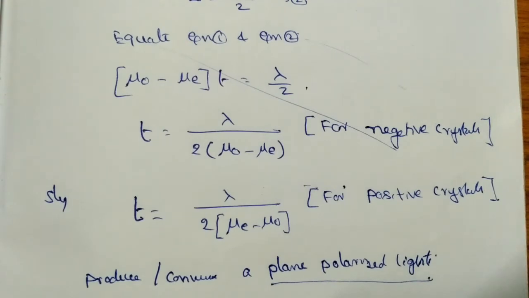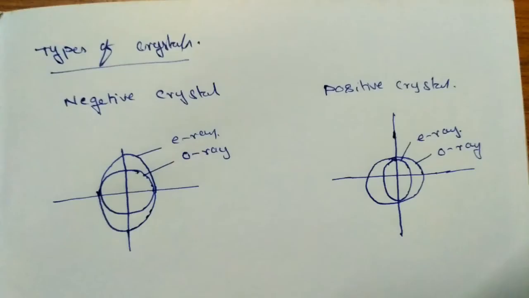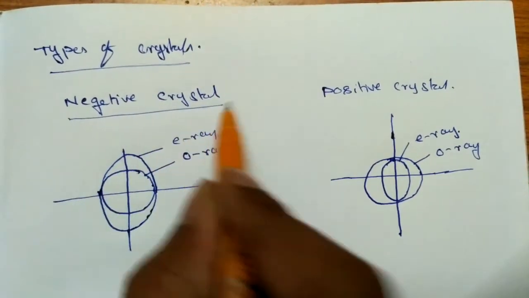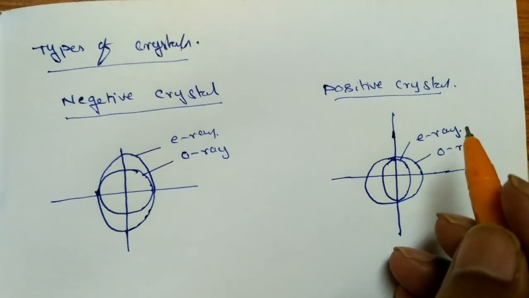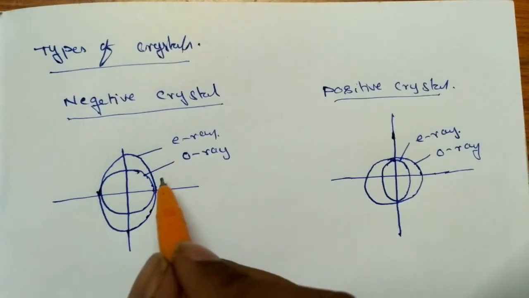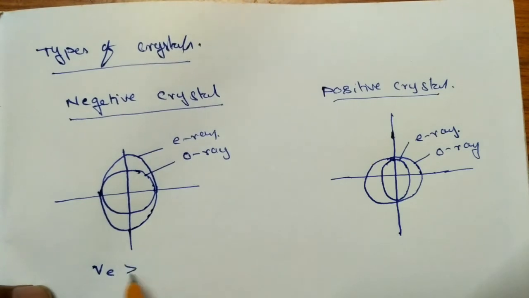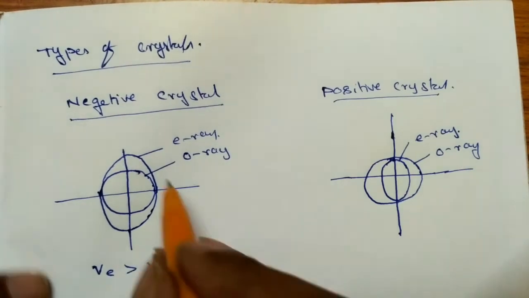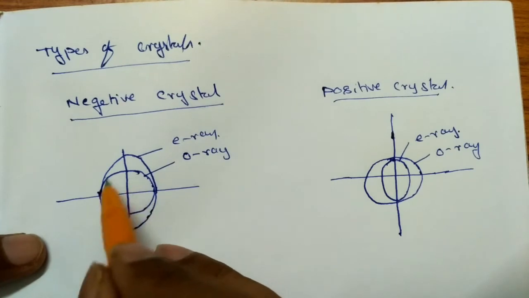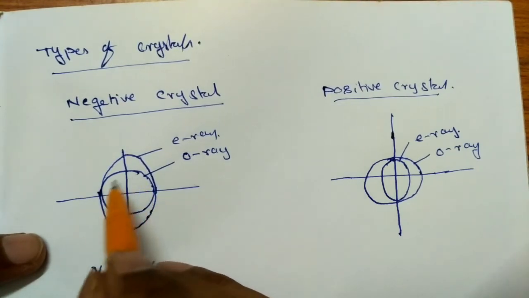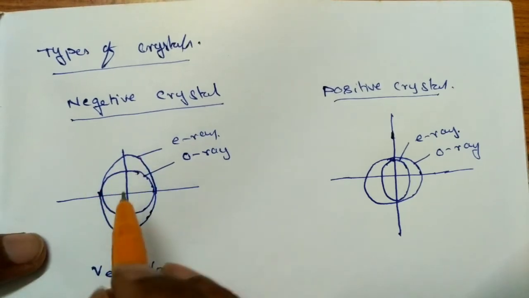Now we discuss the types of crystals, negative crystal and positive crystal. In a negative crystal, the velocity of the extraordinary ray is greater than the velocity of the ordinary ray. This is the extraordinary ray, this is the ordinary ray. The refractive index is less here, and high there.